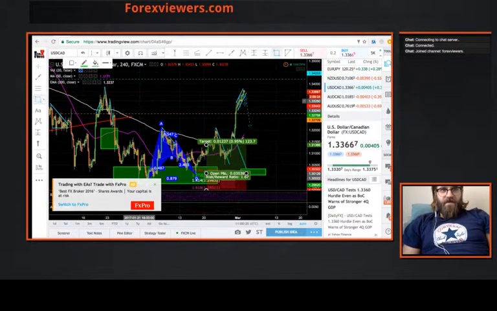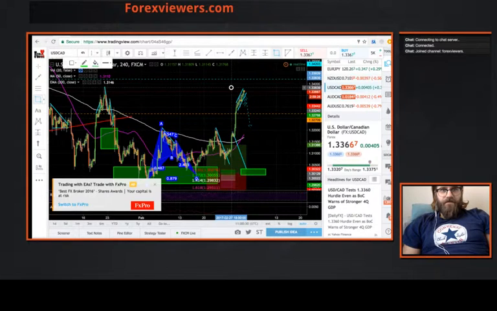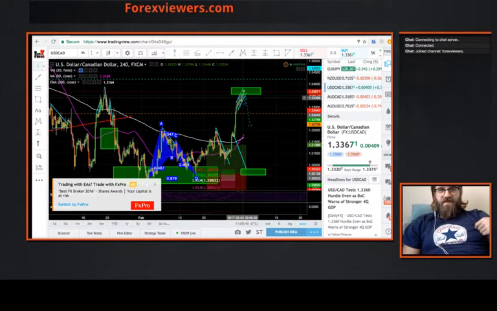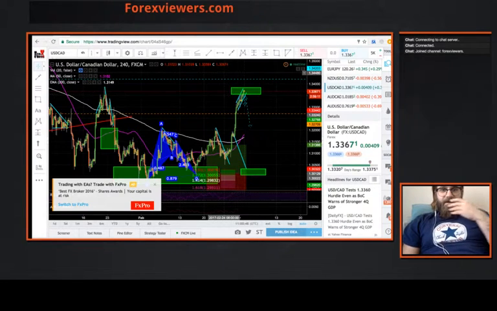I'm going to draw in a box here, and you can see why. Boom. Boom. You can see I'm drawing in this wick here, and you can see we are at this wick, the top of the box, which is creating some structure.